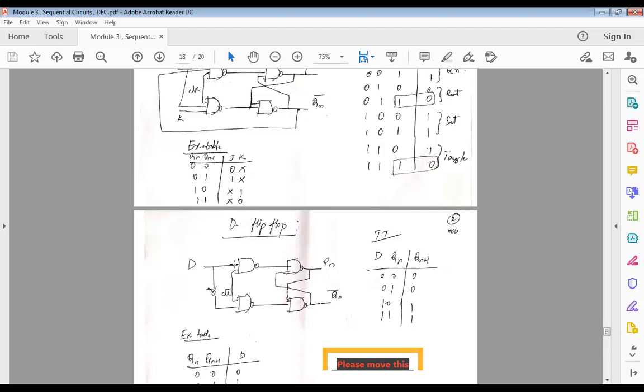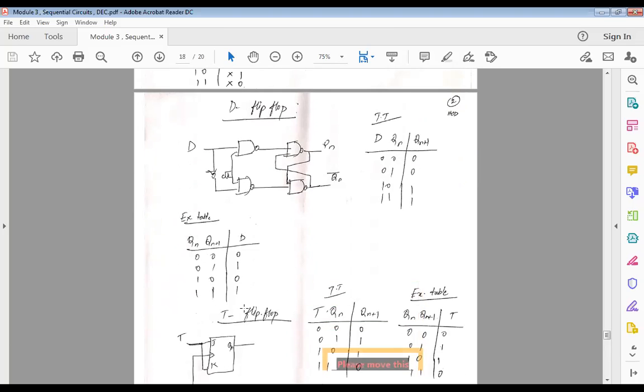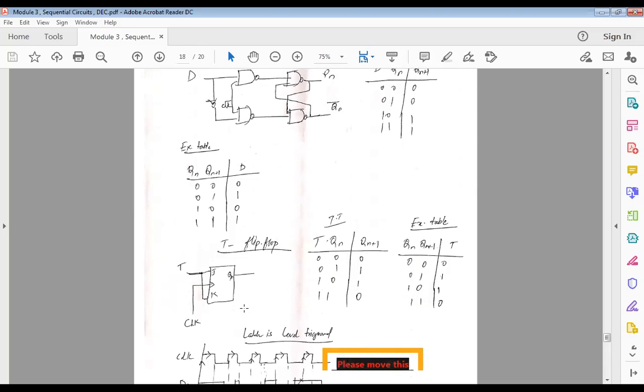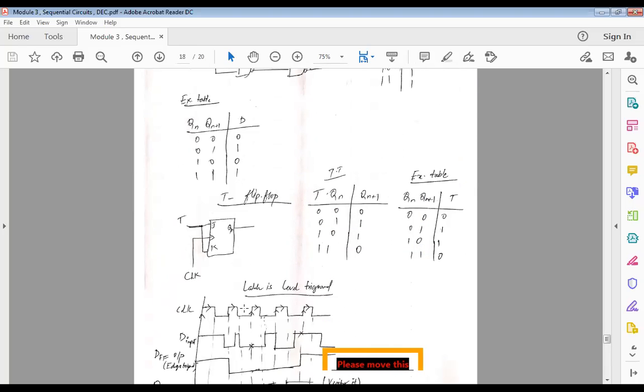But here we just have a clock and a complemented input. Say if it's 1, then 0 will be connected here. So what's the specialty of a D flip flop? Whatever is given as your input, the same thing you can expect as your output, right?